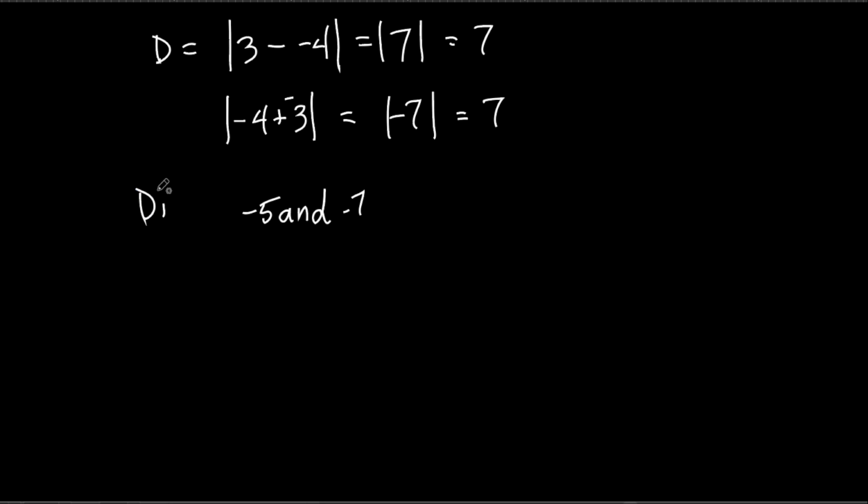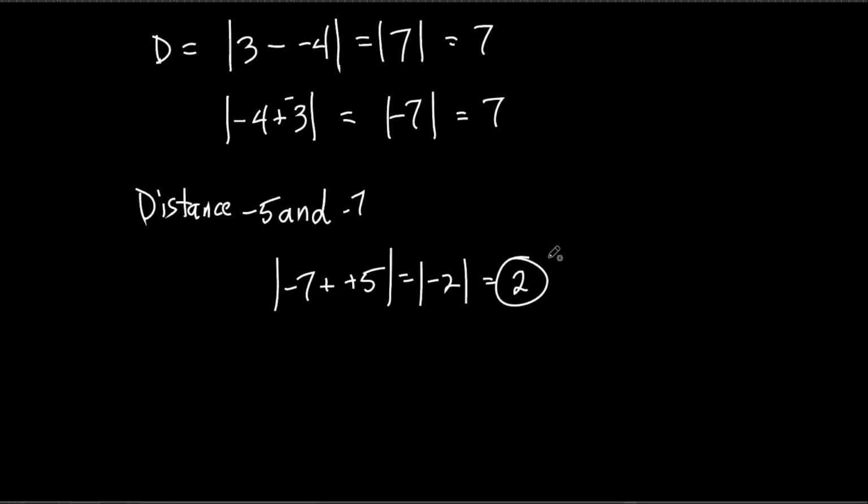So what is the distance between these two? What would your work be? You go -7 minus -5. And then you add the opposite. That's -2. But remember, to find the distance, we always put it in absolute value. What's the distance between them? It's 2. All right? That's all there is to it.